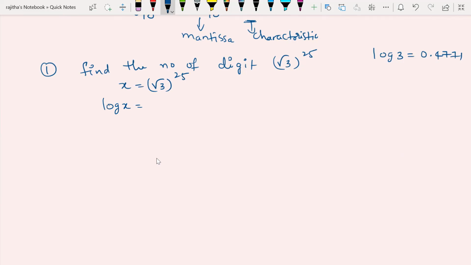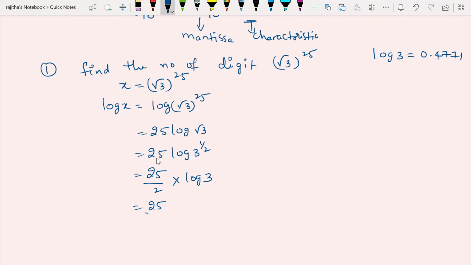Apply logarithm on both sides: log x equals 25 by 2 into log 3, that is 25 by 2 into 0.4771, which is 5.96375. The number of digits is 5 plus 1, so 6 is the answer.